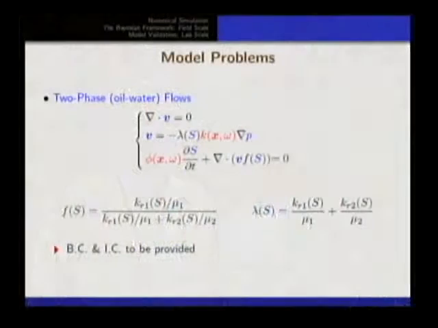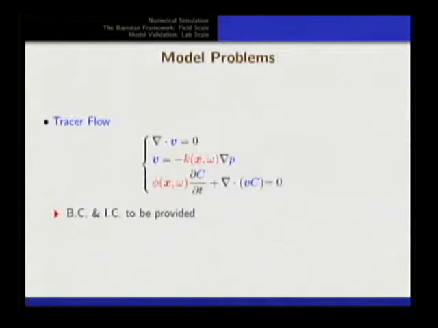They can be carefully measured, and in our discussion, we take them also as given deterministically. So the source of uncertainty for us will be through these spatially dependent coefficients. Of course, boundary conditions and initial conditions have to be provided.